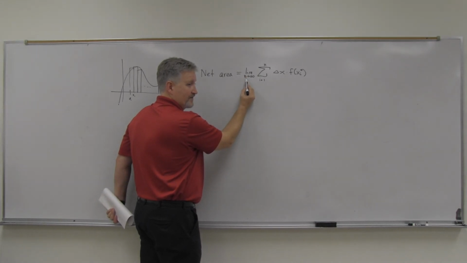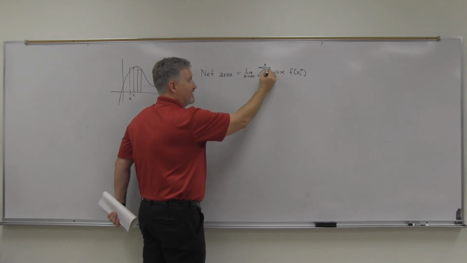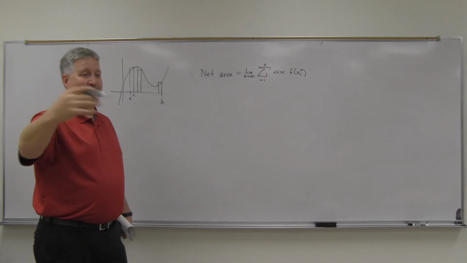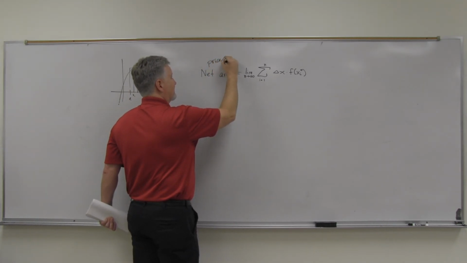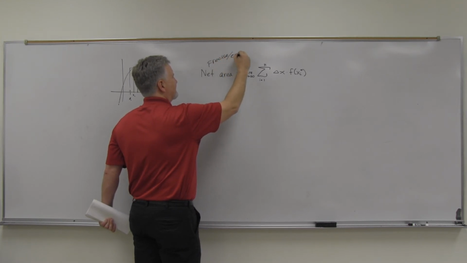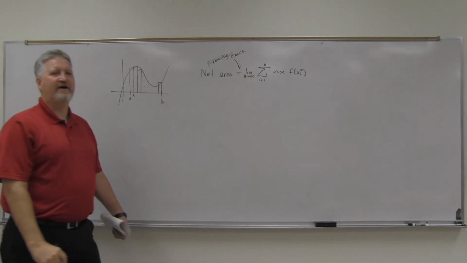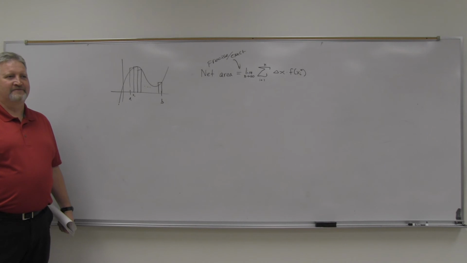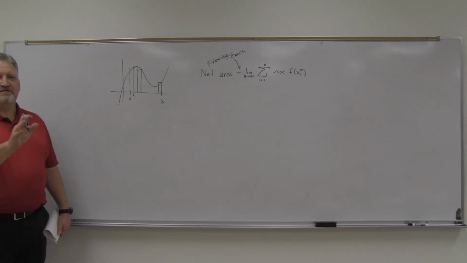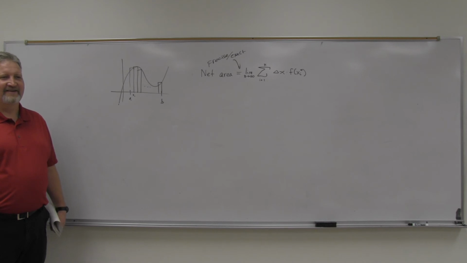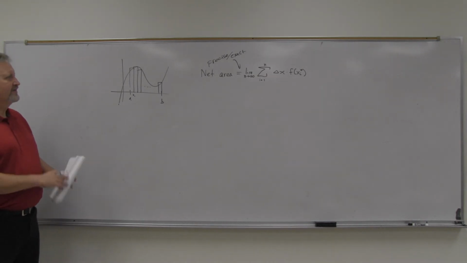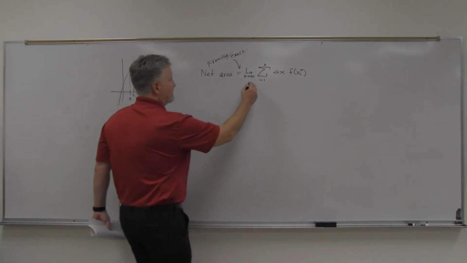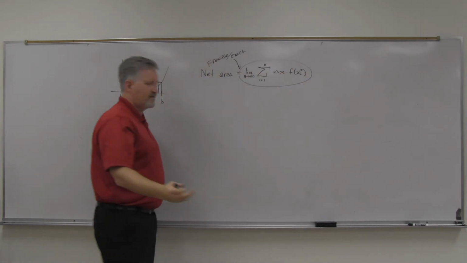Basically I'm taking a limit as n goes to infinity, making n larger and larger, and that will give me the precise, exact net area. None of this approximating business. That's precise. Equals. As you can probably tell, this little thing right here is a pretty big deal.